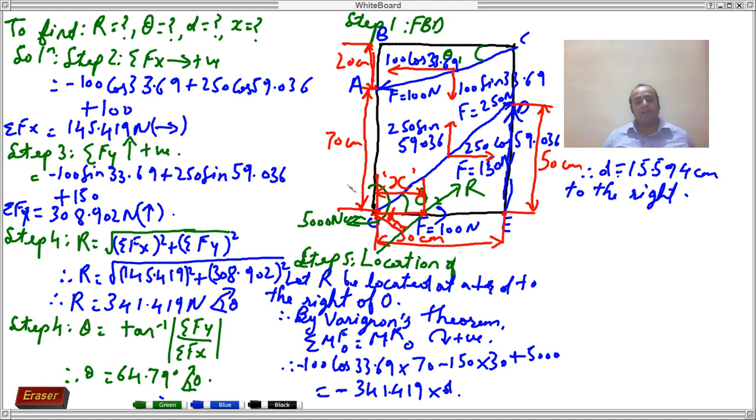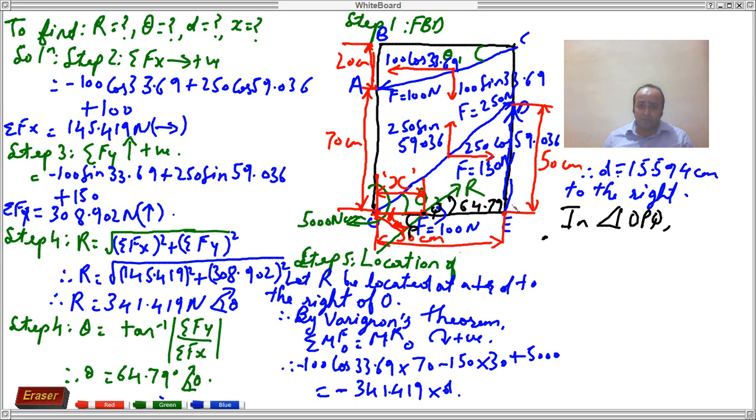Now in this right angled triangle, O is already there. This point I will be mentioning as P, and this point as Q. Now in right angled triangle OPQ, since the resultant's angle is known to us, that is, this is 64.79 degrees. This is a vertically opposite angle, that is why it will be the same.